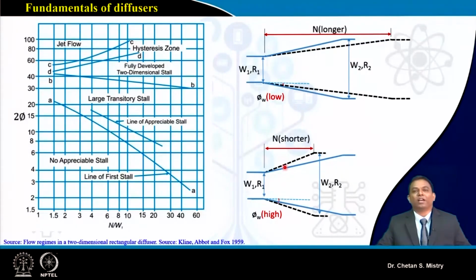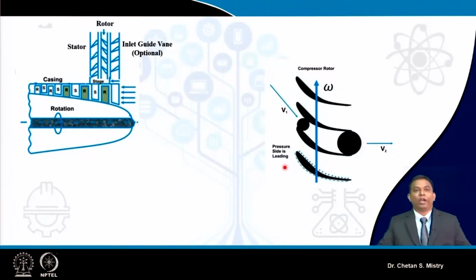There is always a hot discussion amongst designers about what the aspect ratio needs to be. As we go ahead, we will discuss how we decide the aspect ratio of the blade. So this gives some idea of how we will use our diffuser concept for the development of compressor blades. Okay, let me move ahead.